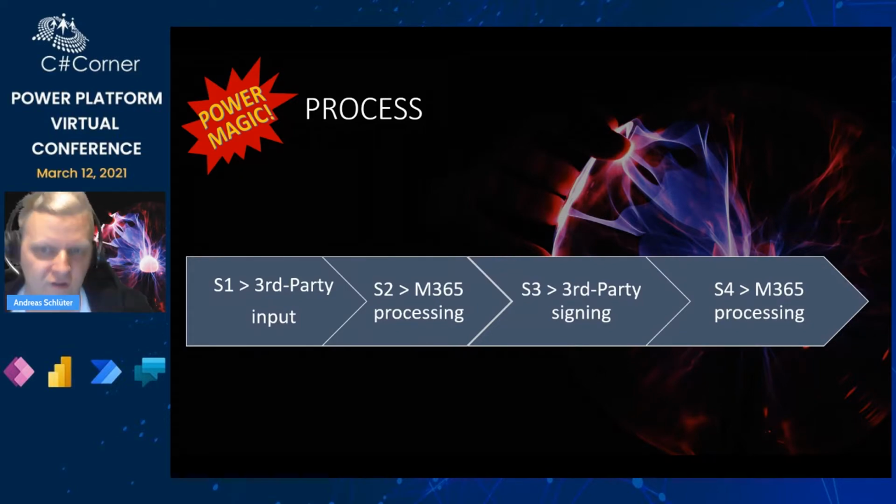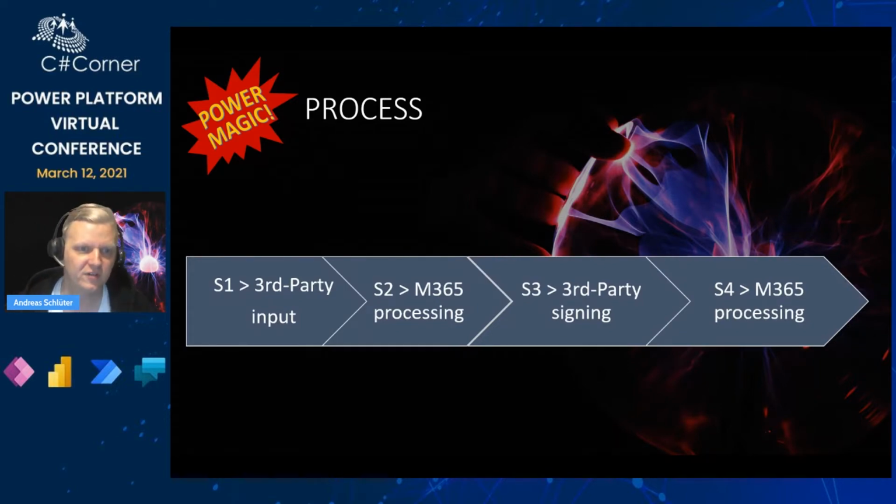So we have in this process 4 steps. First step is the third-party input where we start our process. The second step is processing all this in the Microsoft 365 ecosystem with Power Automate and SharePoint, Word, OneDrive, also Teams, and so on, where the document will be processed.